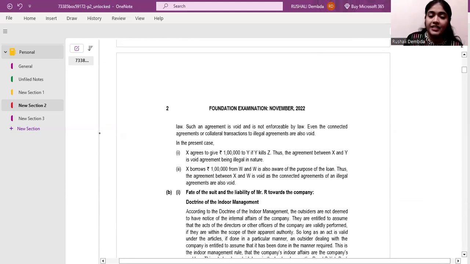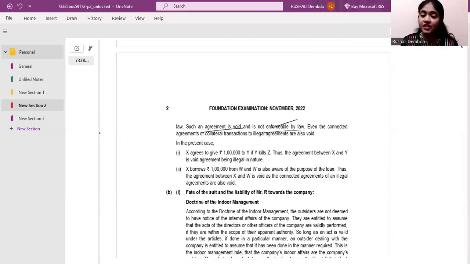Such an agreement is void and not enforceable by law. Where the objective or the consideration is illegal or unlawful, then you say this agreement is void. Even the connected agreements, this is very important for the next part of the answer, even the connected agreements or collateral transactions to an illegal agreement are also void. You have to mention the provisions correctly over here.